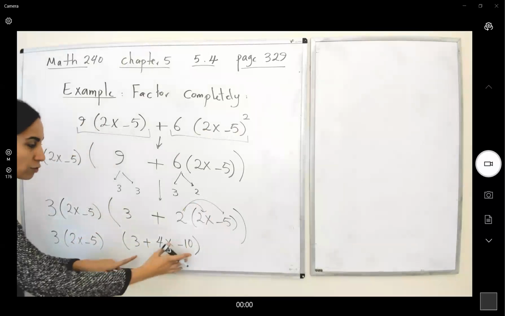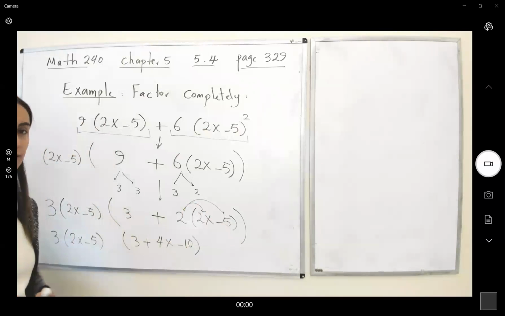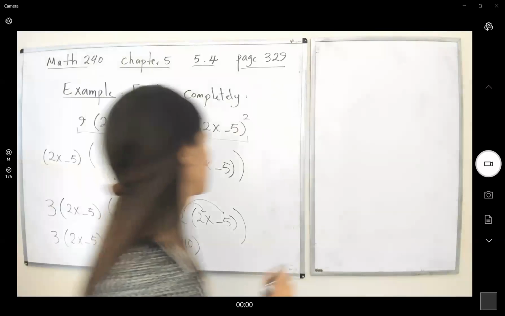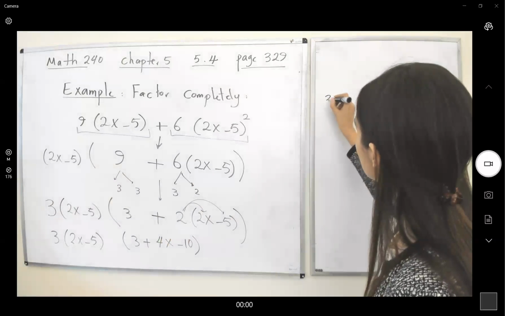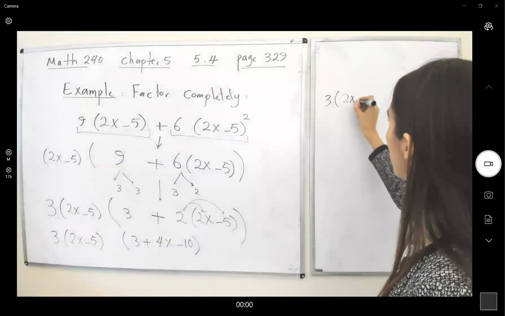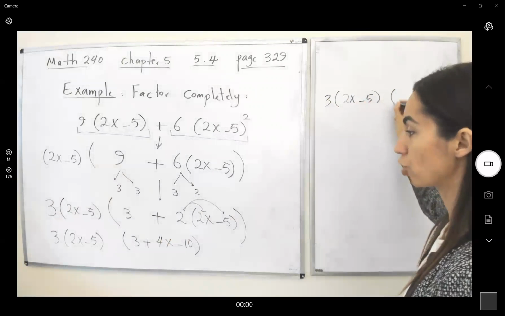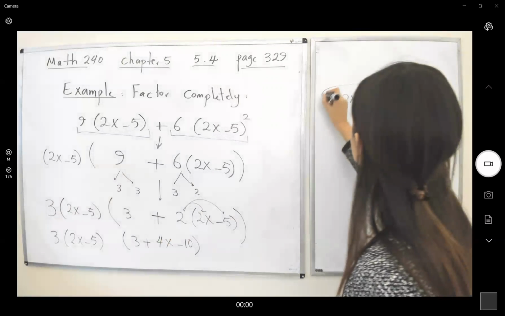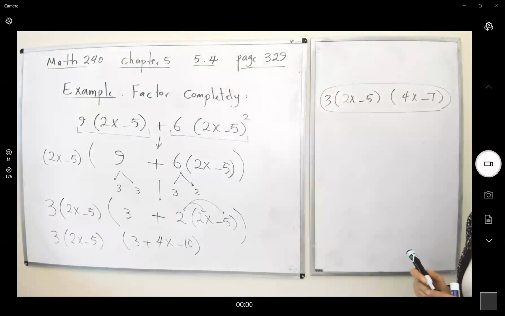Well, I have 2 constants, 3 minus 10, which is negative 7. So the complete factorization of this expression is going to be 3 times 2x minus 5 times 4x minus 7. This is your final answer.